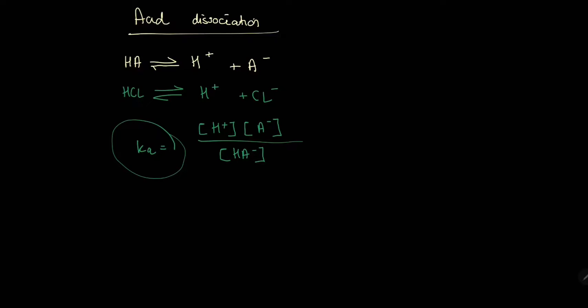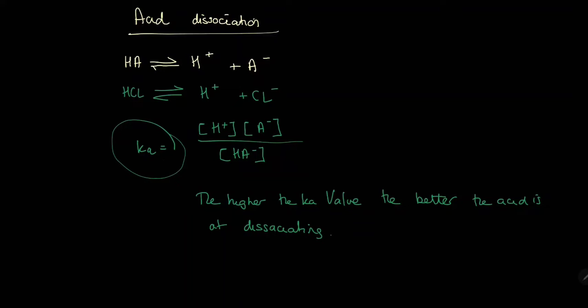Okay, so the higher the Ka value, the better or more likely the acid is at dissociating, which means that it's going to produce more hydrogen ions.